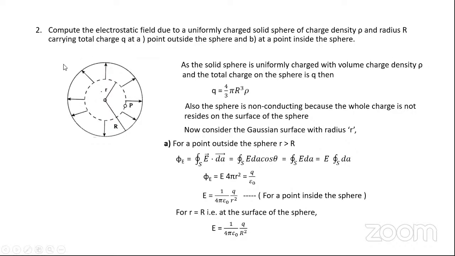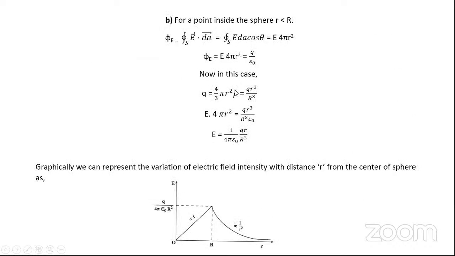But when going inside the sphere, that is r smaller than capital R, it becomes different from the previous case. So phi is equal to the closed surface integral of E dot dA, and you have the same thing here. So E times 4 pi r square, and you will have phi E equal to Q enclosed divided by epsilon 0.